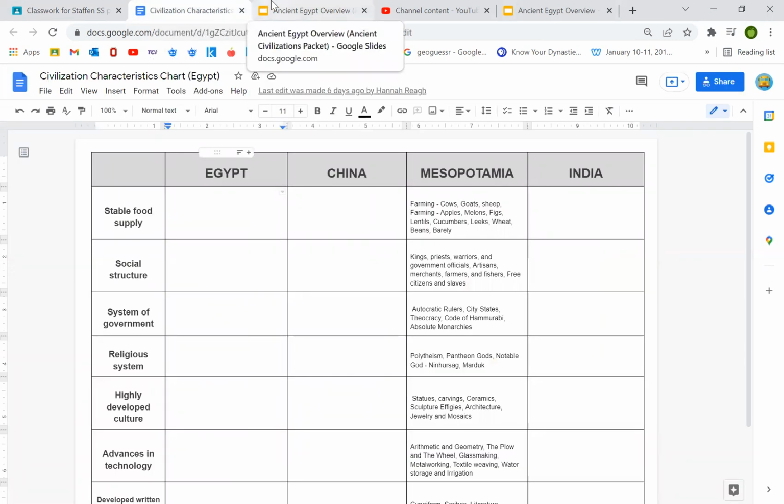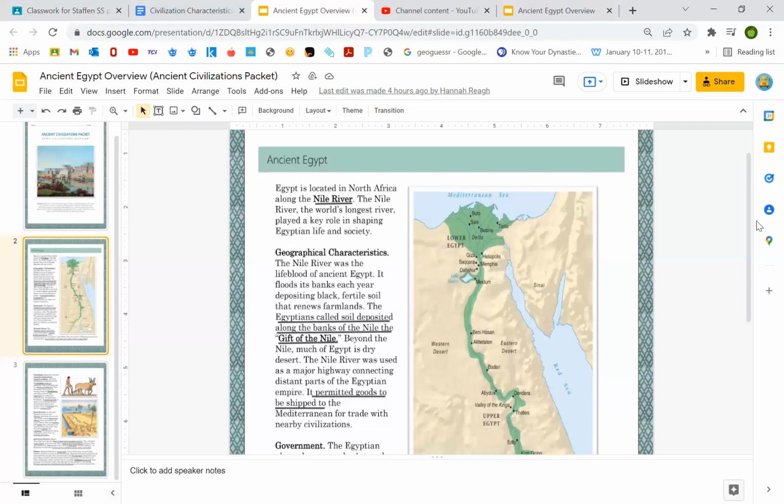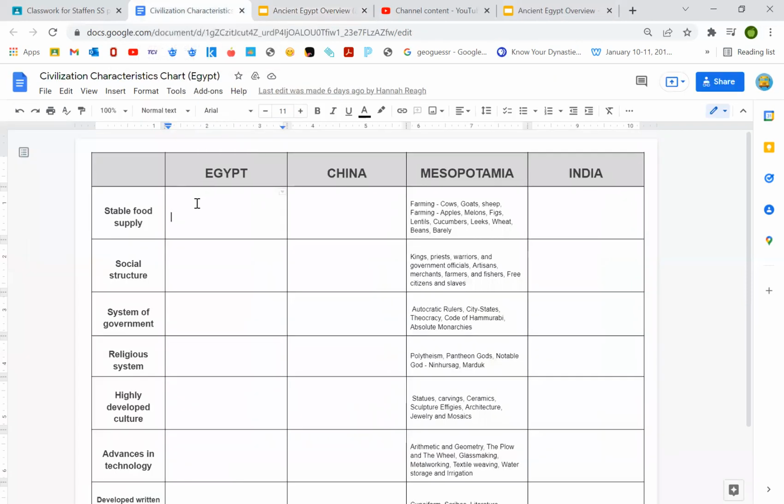So you're looking for examples for stable food supply. As you read, you'll see that the Nile River was the lifeblood of ancient Egypt. The Egyptians called the soil deposit along the banks of the Nile the gift of the Nile, because it created rich, fertile soil. So you could put gift of the Nile, because we know that means there was fertile soil.